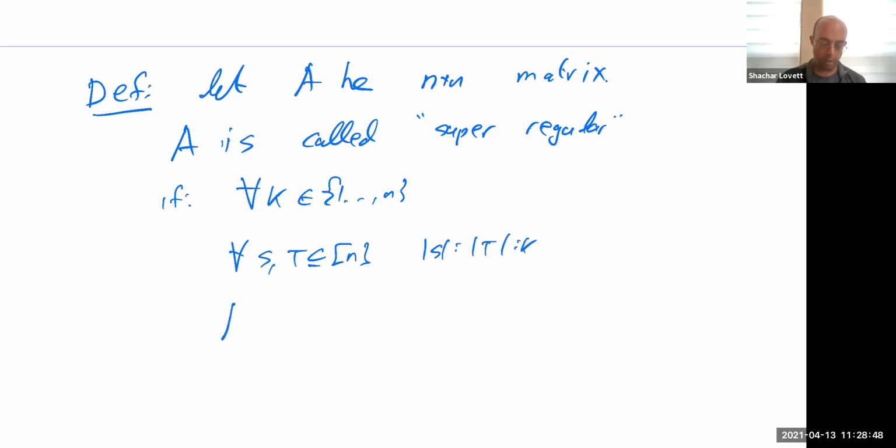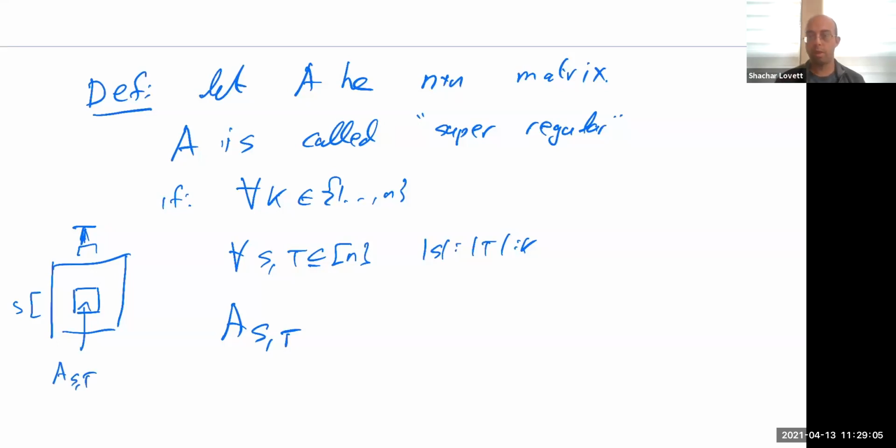If I take the matrix, let's call this A_ST. So here's the whole matrix A. This is S, this is T. That's the following submatrix, A_ST, just a submatrix where the rows come from S and the columns come from T. That's a k by k matrix, and it is full rank, so it has rank k.